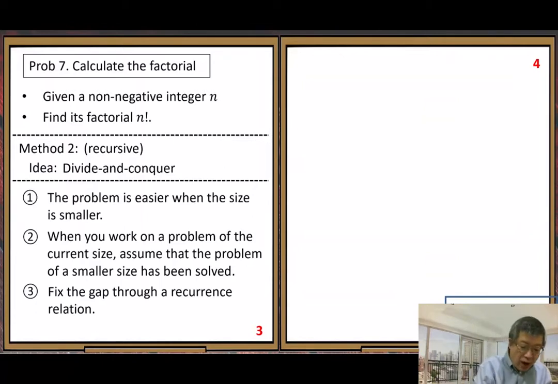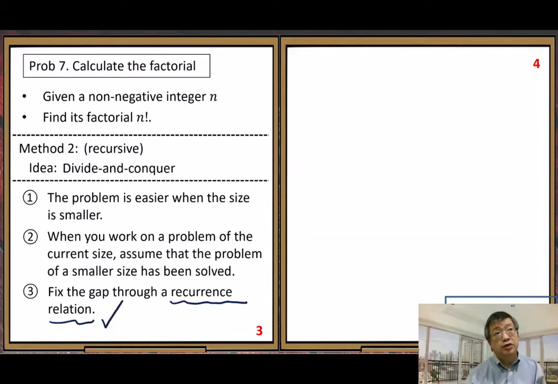We need to derive that recurrence relation, and this step is critical. To solve a recursion problem, this is the most important step. After you have the recurrence relation, most people can solve it easily.